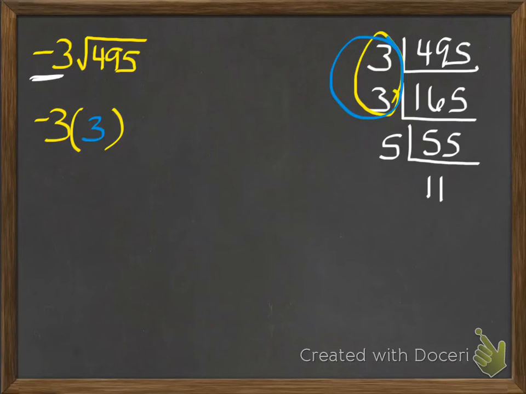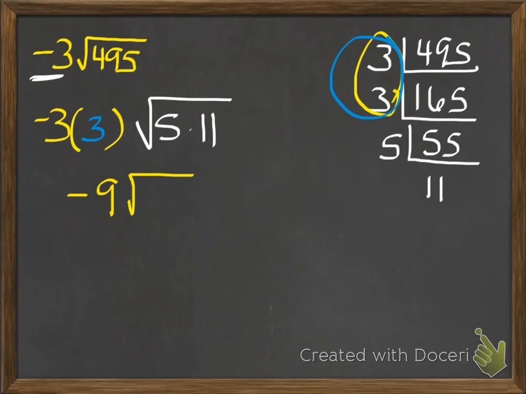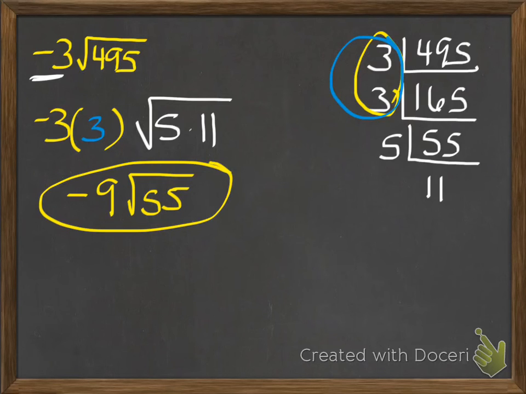And so that 3 goes here. Then we have what's left under the square root, and that would be the 5 times 11. So our final answer is negative 9 times the square root of 55. And I know that my square root is done whenever there's nothing more I can pull out.